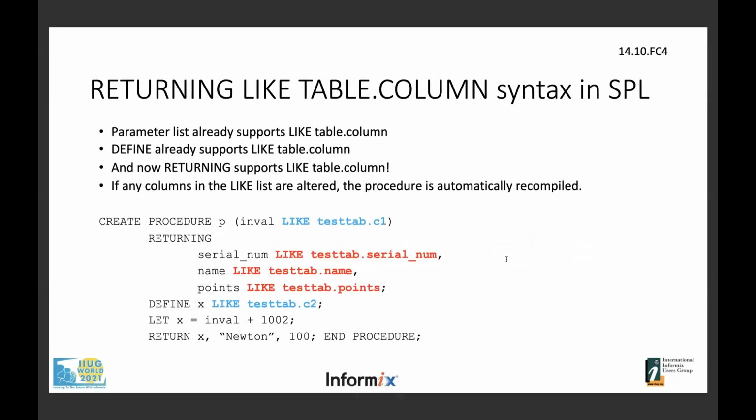Okay, moving on to the next one. Another 14.10 FC4 feature in SPL: there was a request to have a returning clause that used like table.column. Informix already supported defines that are like table.column and already supported parameter lists with parameters like table.column, but we didn't support returning like table.column.